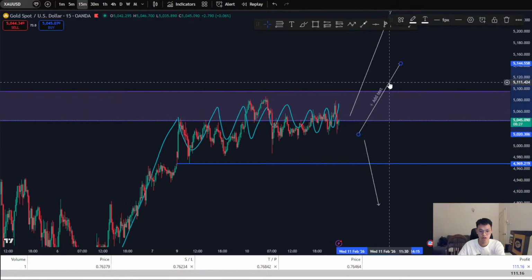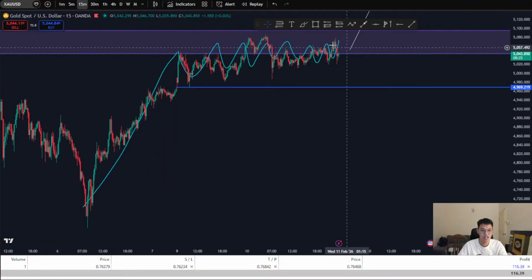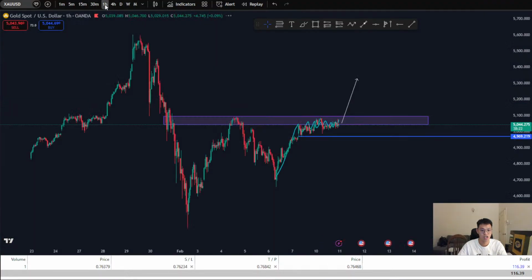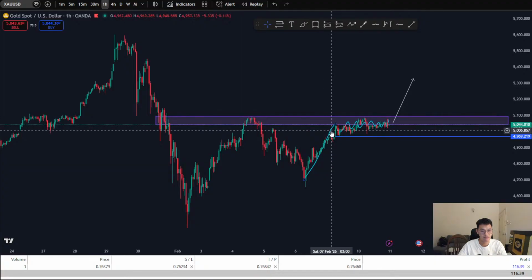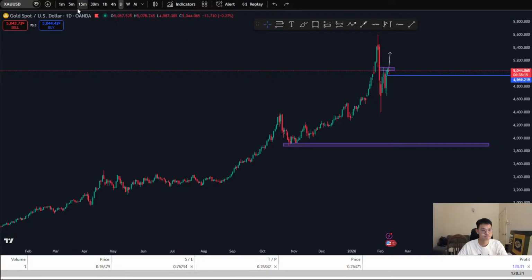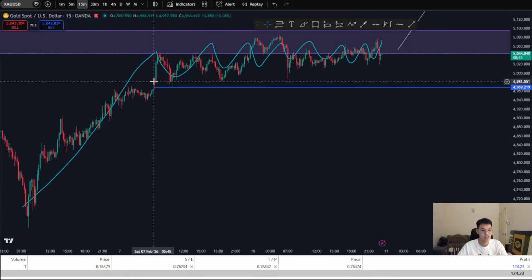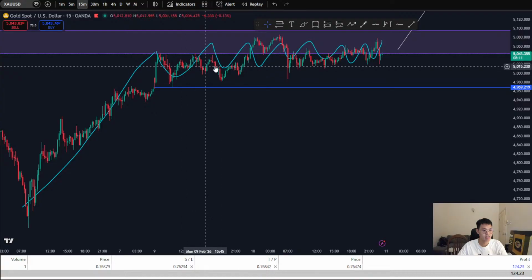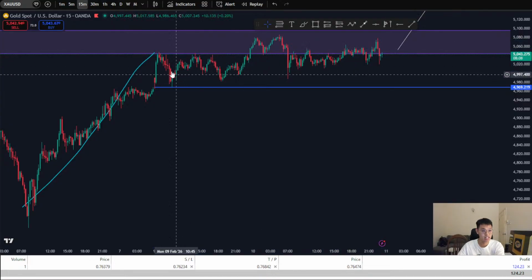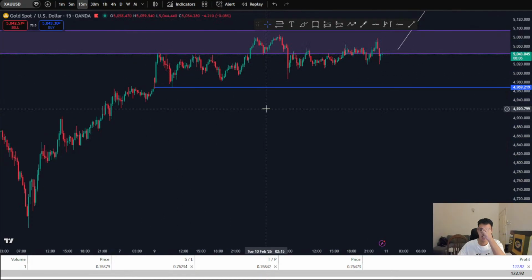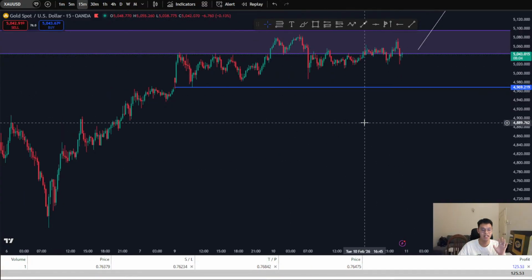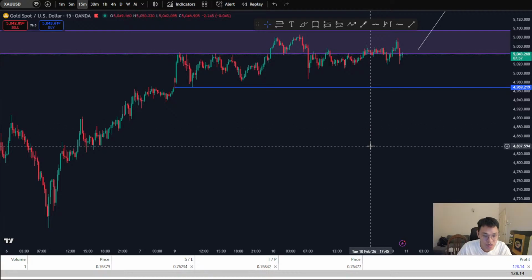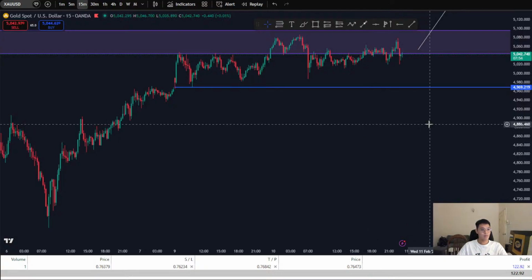But based on what we see in the day chart, the 4 hour chart and the 1 hour chart, I believe the probability of pumping is higher than dump. So that's my observation.